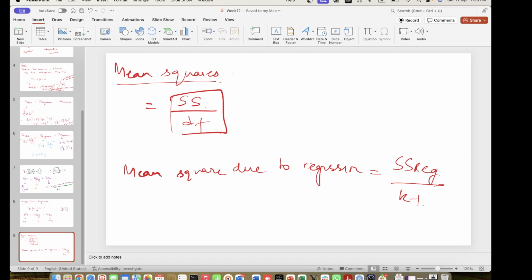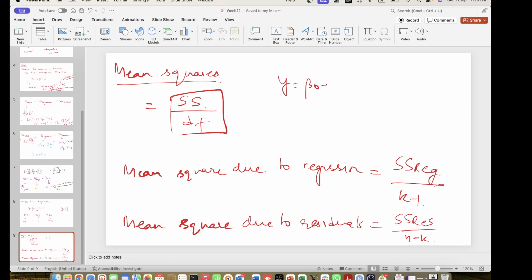And if I want to write mean square due to residuals, this is SS residuals divided by n minus k. Remember, the model in this case is y equal to beta naught plus beta 1 x1 plus up to beta k minus 1 x k minus 1 plus epsilon. Okay.